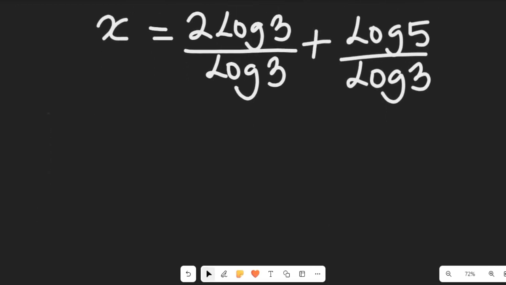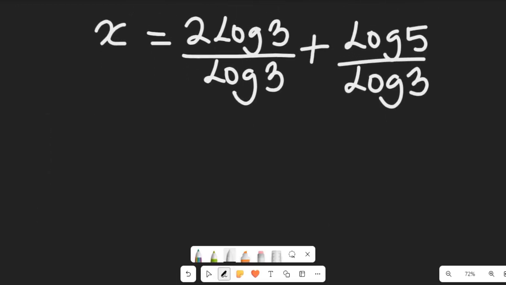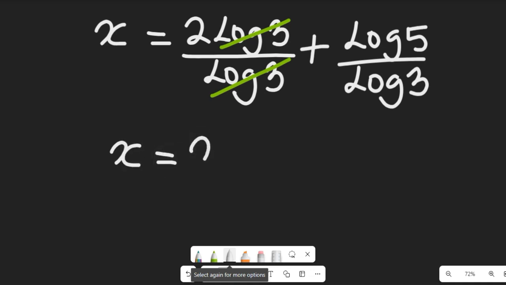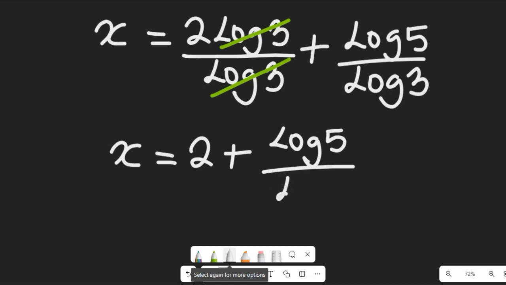Now from this expression, we find that log of 3 will cancel out the log of 3, and then we'll be left with the value of x equal to 2 plus log of 5 divided by the log of 3.